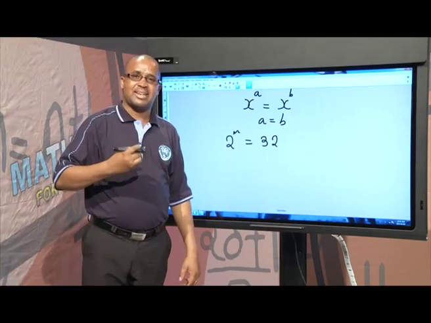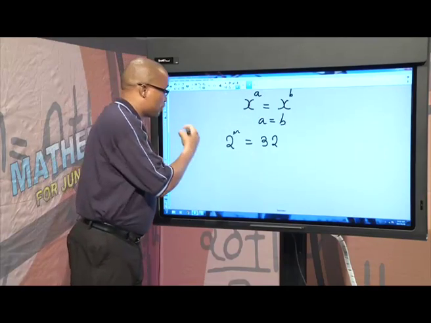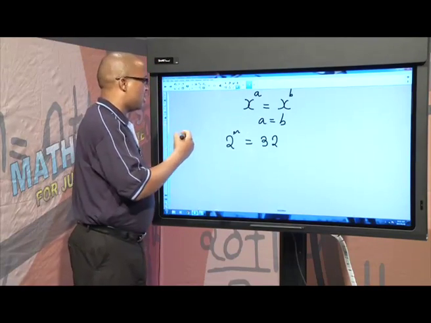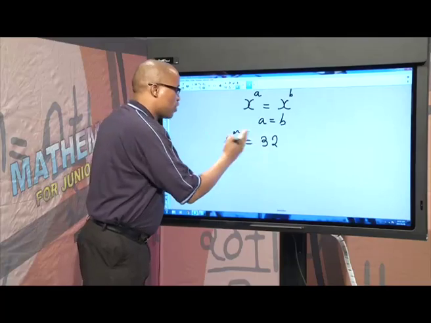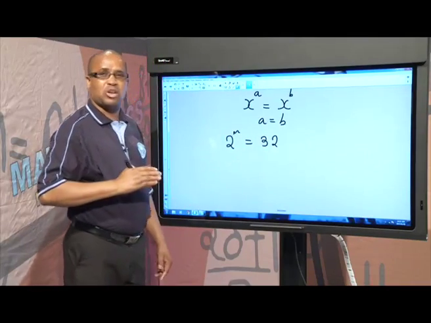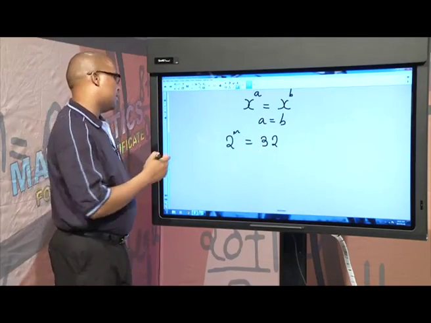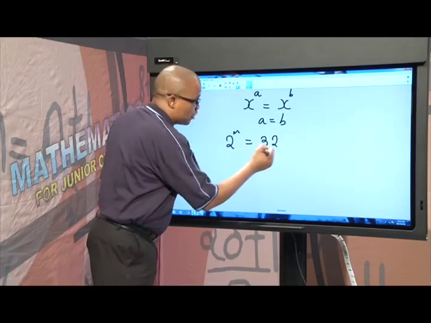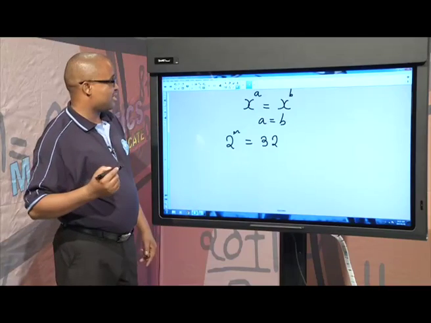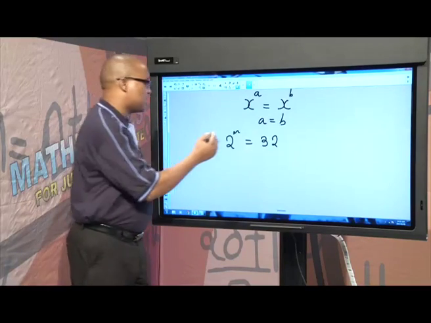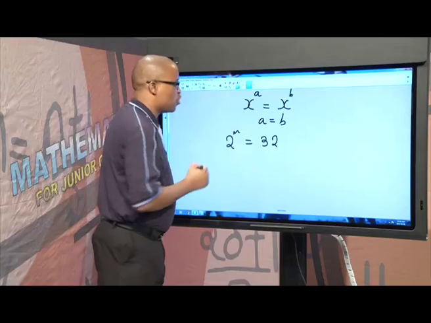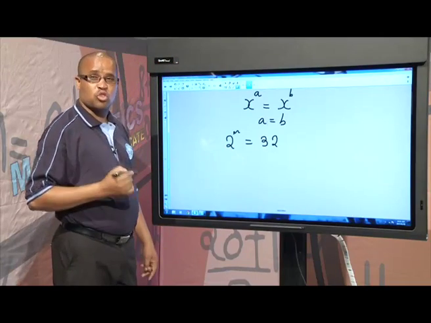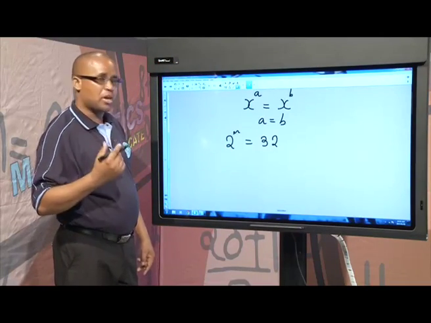Like I said, the idea is to have the bases on both sides be the same. So we have 2 to the power m on this side, and on the other side we have 32. This says we are to write 32 using base 2, because on this side we have 2.